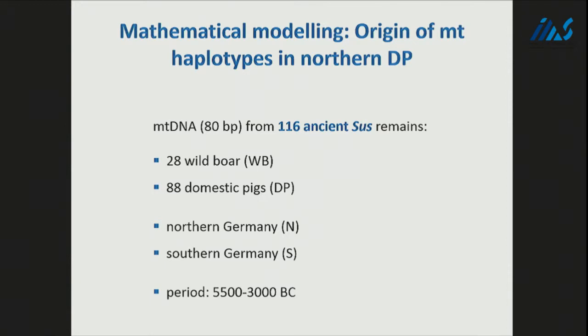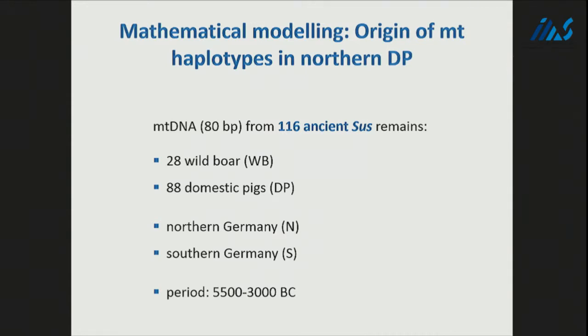So we wanted to determine the origin of the mtDNA haplotypes in domestic pigs in northern Germany. We did some mathematical modeling. Our database consisted of 116 ancient Sus remains, and we also used the same segment that Greger used before, the 80 base pair mtDNA segment.